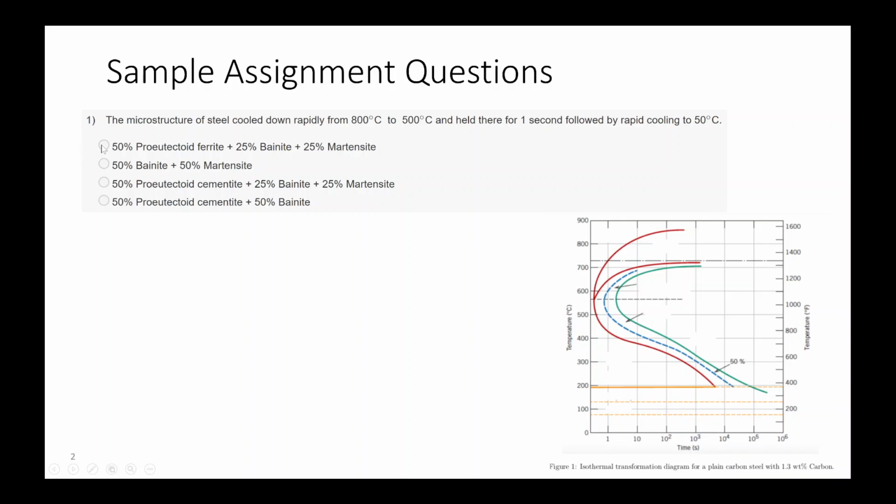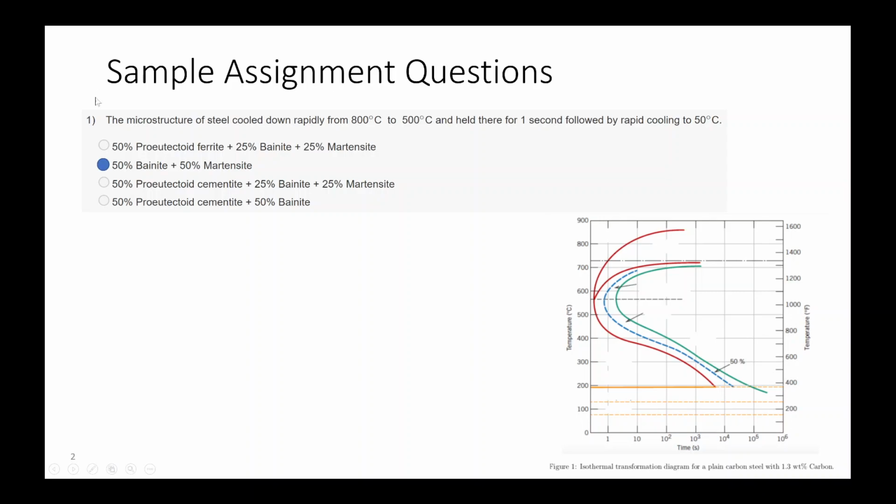Your options are 50% pro-eutectoid ferrite plus 25% bainite plus 25% martensite, or 50% bainite, 50% martensite, or 50% pro-eutectoid cementite plus 25% bainite and 25% martensite, or 50% pro-eutectoid cementite plus 50% bainite. Now your answer will be 50% bainite, 50% martensite.